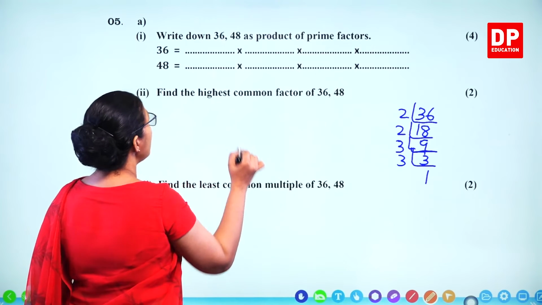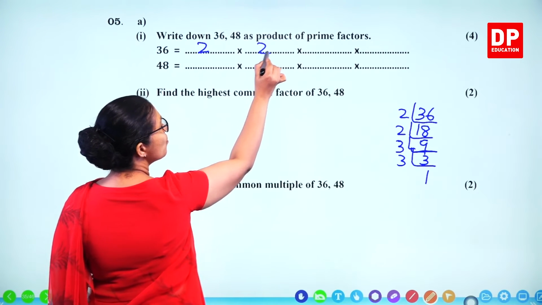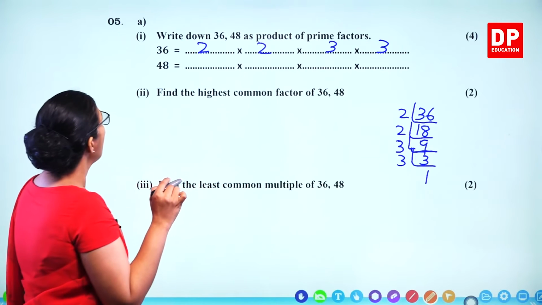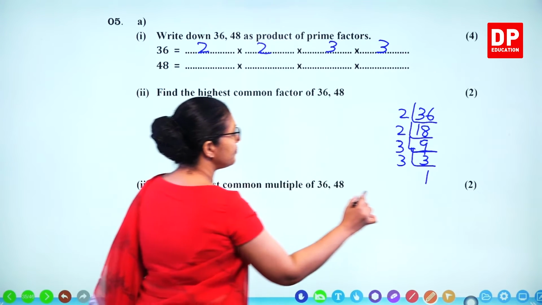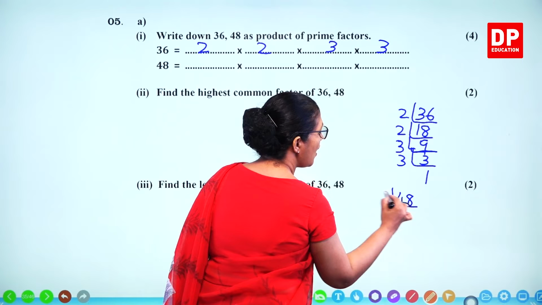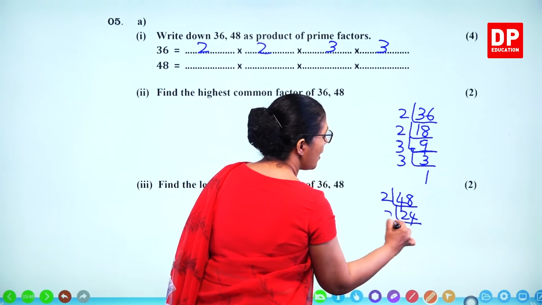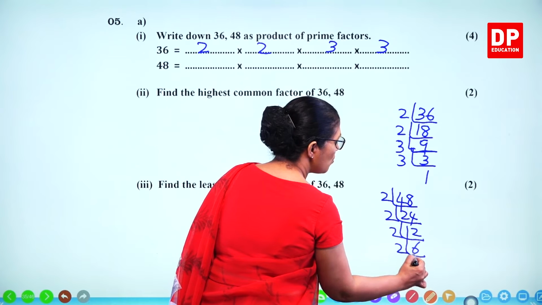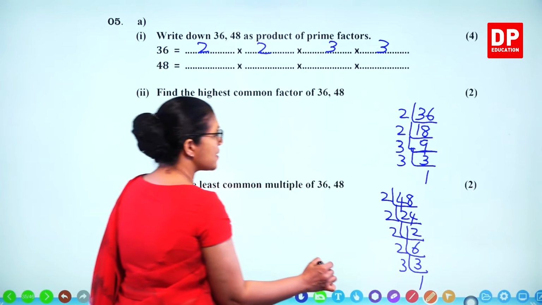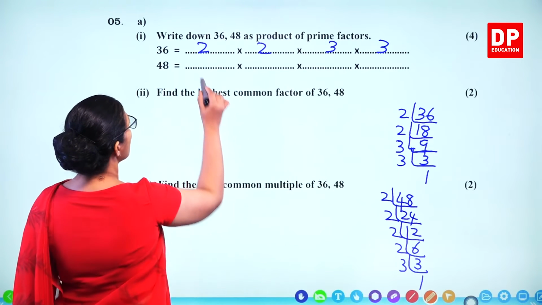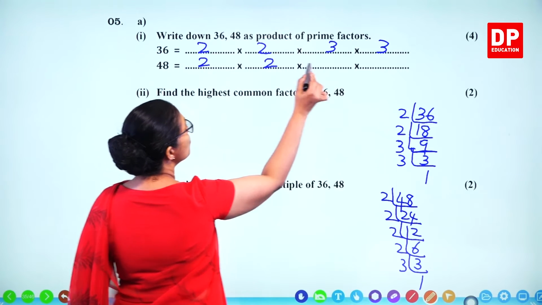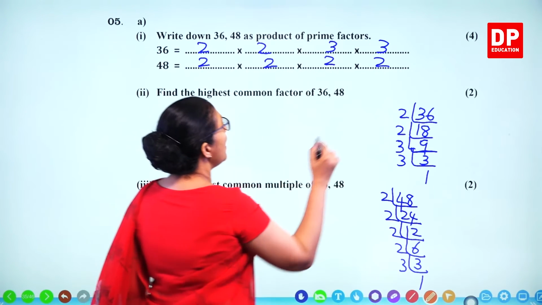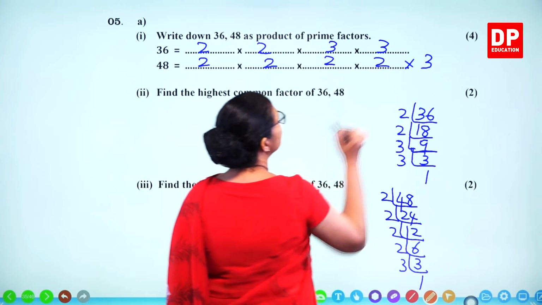So you can write 2, 2, 3, 3. 48, you can divide by 2, divide by 2 again, divide by 2 again, divide by 2, and then 3 comes. 2, 2, 2, 2, and another 3 comes.